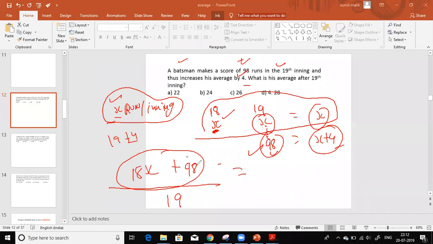And after scoring 98 runs in his 19th inning, his average is increasing by 4. Okay, so now solve it. 18X plus 98, 19X minus 18X is equal to 98 minus 76. This is 22.